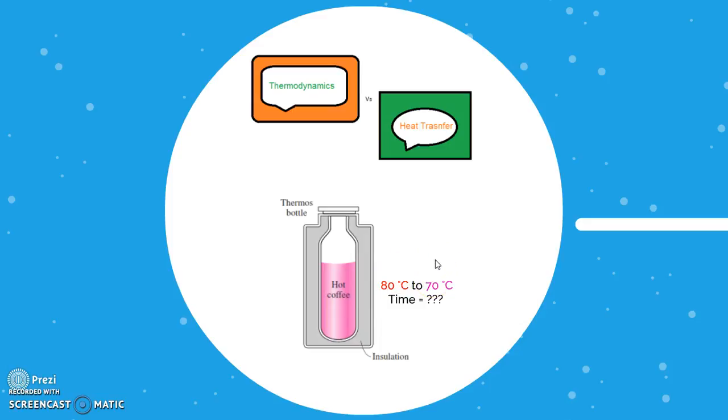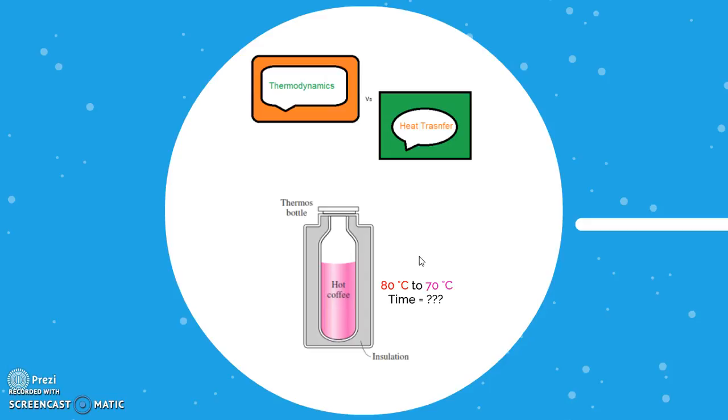So here the role is played by heat transfer. Heat transfer is the subject which will tell you about time also. So it will tell you in what time duration the coffee will get cooled from 80 degrees Celsius to 70 degrees Celsius. So this is the first key difference between thermodynamics and heat transfer.